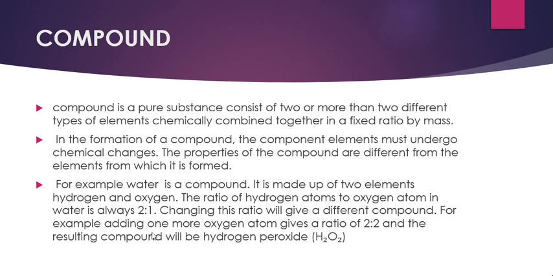For example, adding one more oxygen atom gives a ratio of 2:2. And the resulting compound will be hydrogen peroxide, which is H2O2. So here the ratio is 2:2, not 2:1. That's why the compound here is changed now. So basically the compound is formed by the combination of elements together in a fixed ratio by mass. Clear?